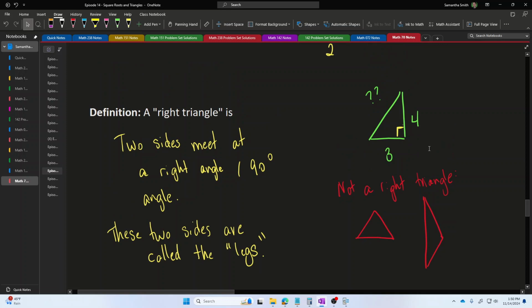So in this picture, these two sides, which are meeting at a right angle, would be called the triangle's legs.